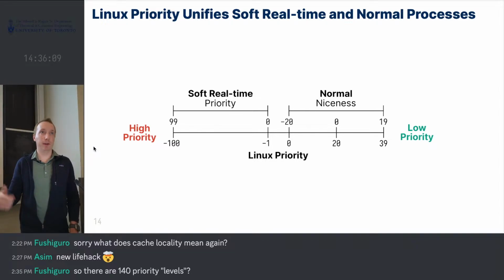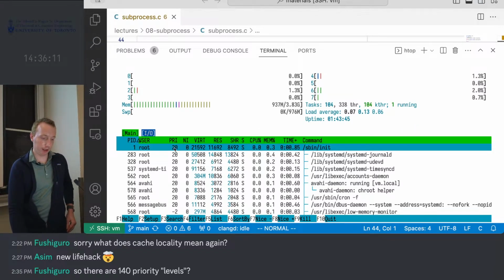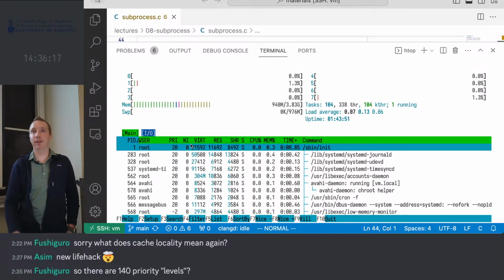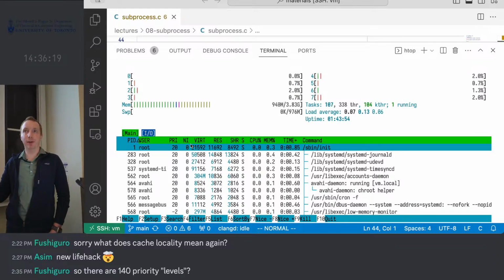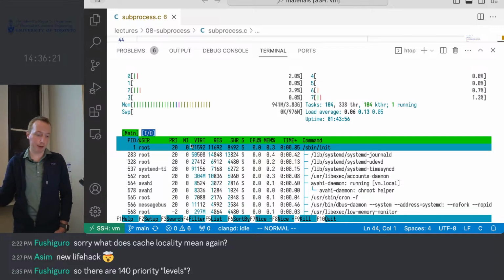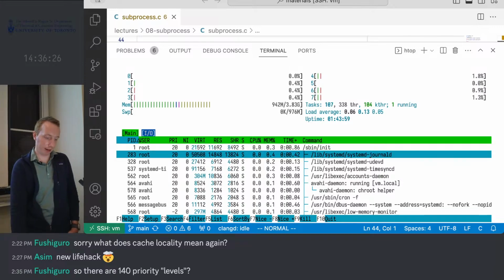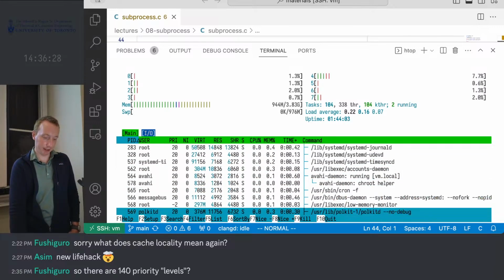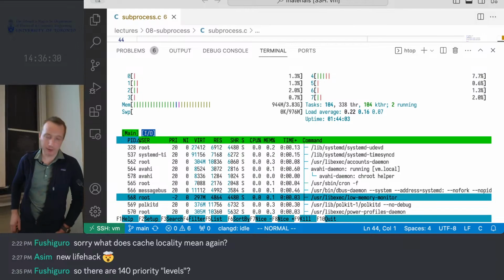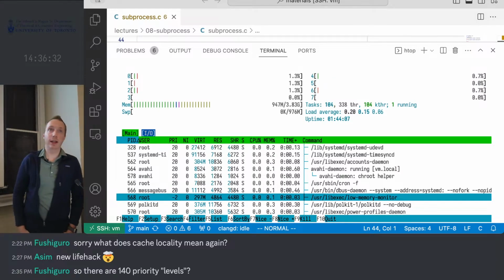If it's positive, it's a normal process. Here, I see that its priority is 20, and this NI column is its niceness. They'll generally always be off by 20 if it's a normal process. I can see init is default nice. Everything here is default nice. I see this little interesting process, which is a -2.